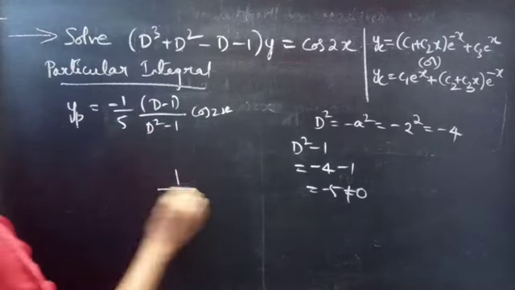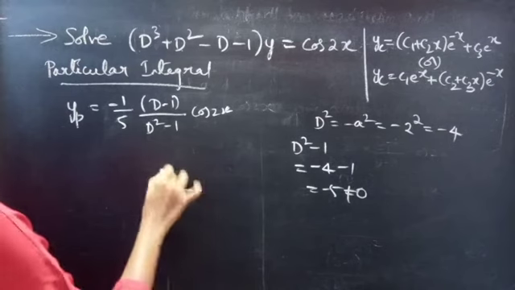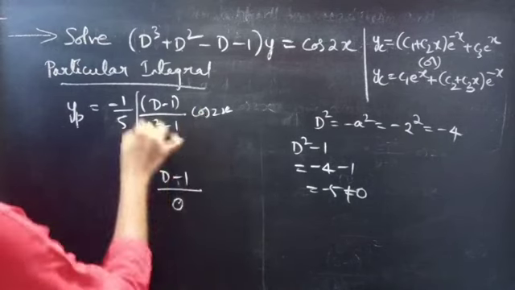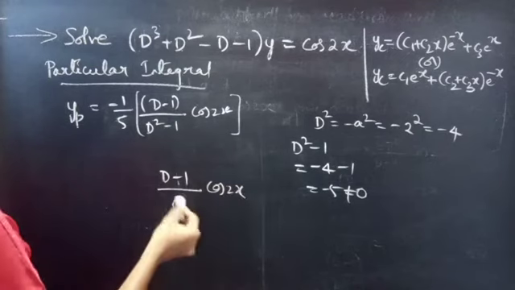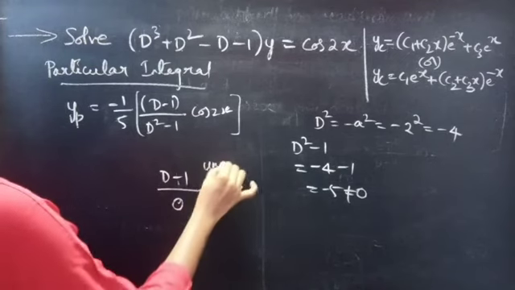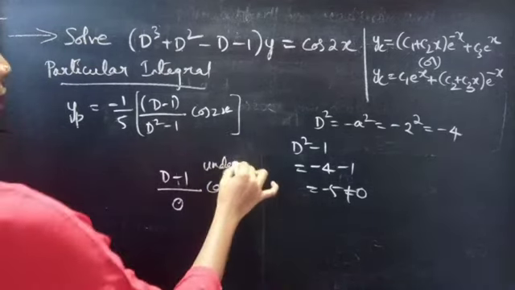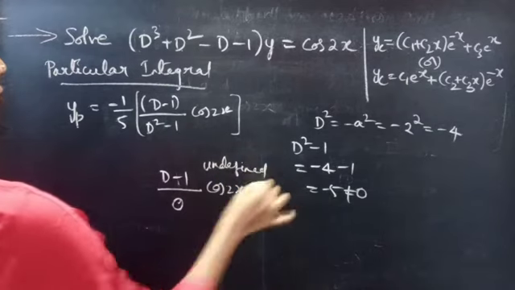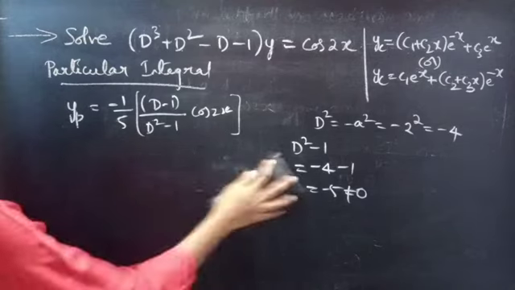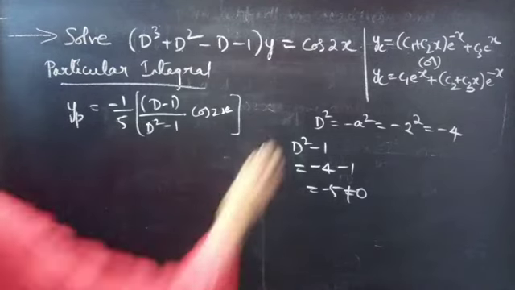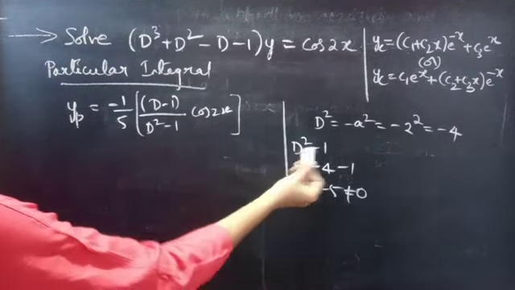If we get the denominator equal to 0, then we get some D minus 1 by 0 term, and anything by 0 is undefined, right? So the total yp becomes undefined if we get the denominator 0. That's the reason why we check the denominator when D square appears in it.